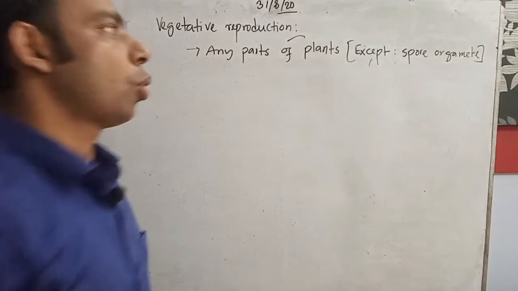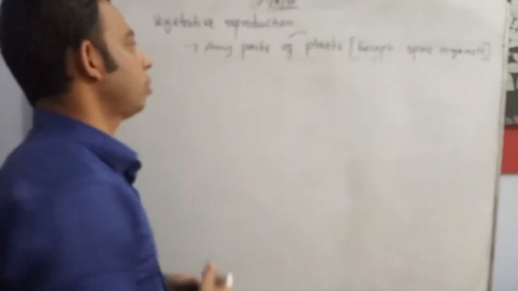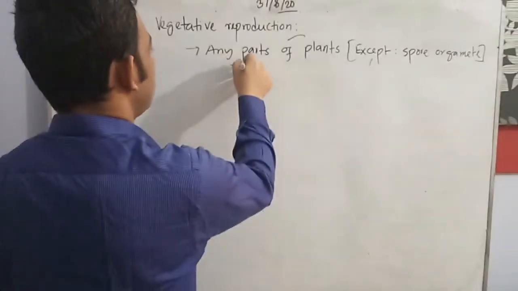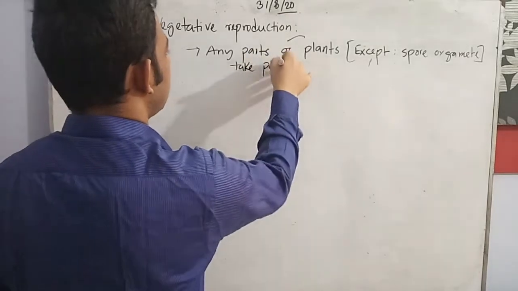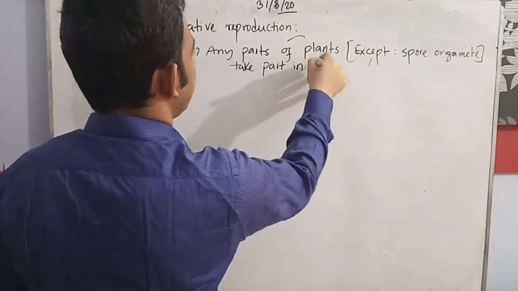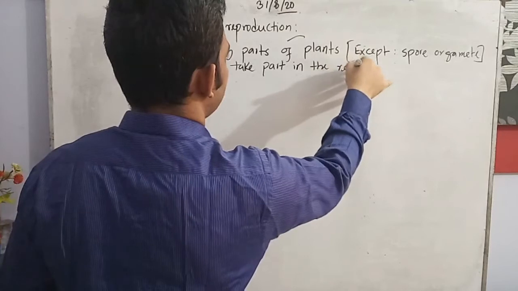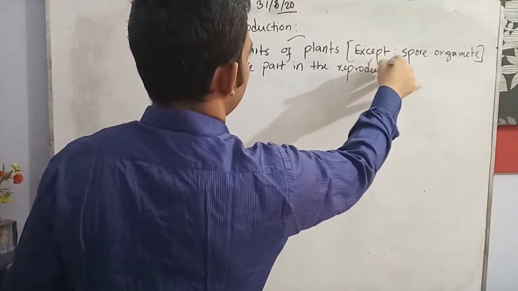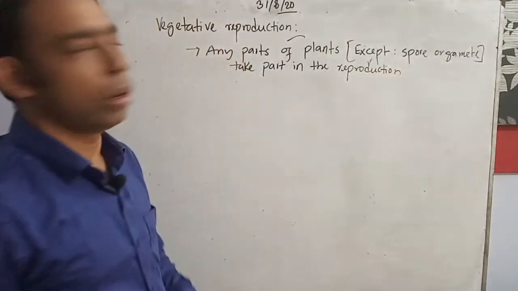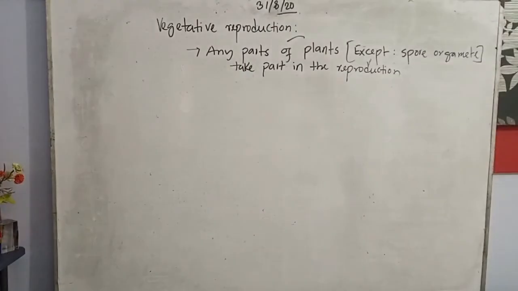Except spore or gamete formation, any parts of the plant that take part in the reproduction is called vegetative reproduction. So look here at what we are connecting, the vegetative reproduction.